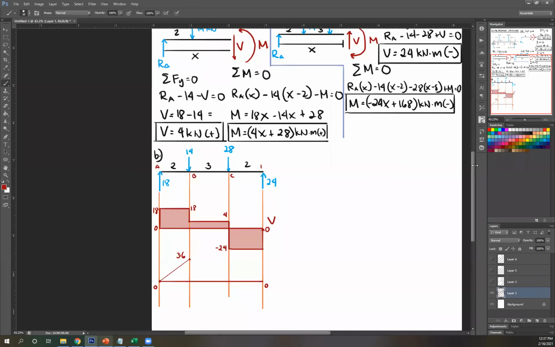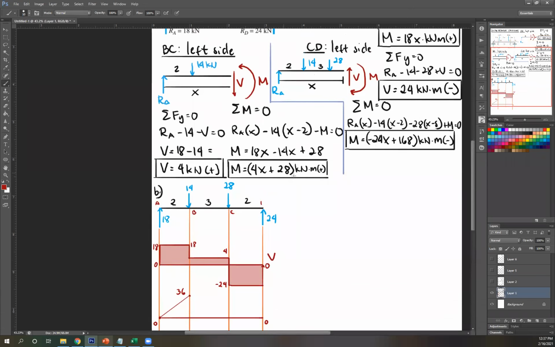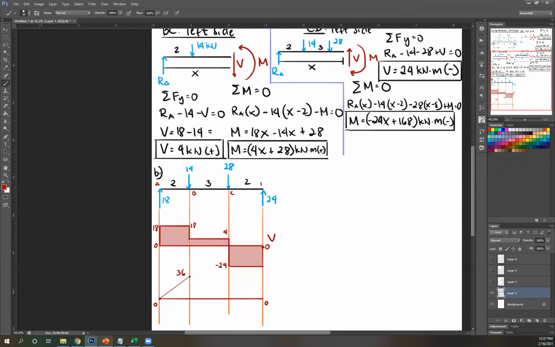Okay? Let's try it again for BC. So BC is 4x plus 28. Positive, therefore, upward slope. Okay? So 4x plus 28, and now what is my x? Is 3. So 4 times 3 plus 28, you get 40.